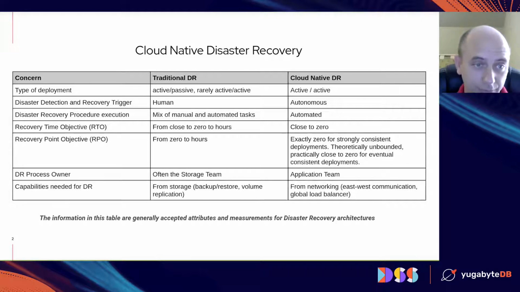And then coming to the two main metrics of disaster recovery, to measure the SLA, which are RTO and RPO. RTO is the recovery time objective. It measures essentially for how long your system is down. And RPO is the recovery point objective.